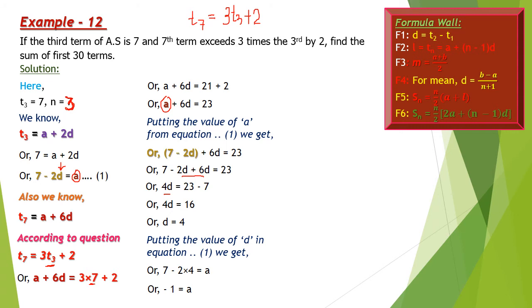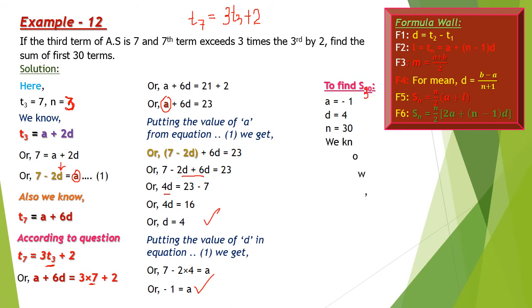Now we have the value of d also, and we have the value of a also. To find S40, we have a equal to minus 1, d is equal to 4, n is equal to 40. It must be 40. Oh, 30 terms means here it is a mistake. It must be 30. Okay, S30.